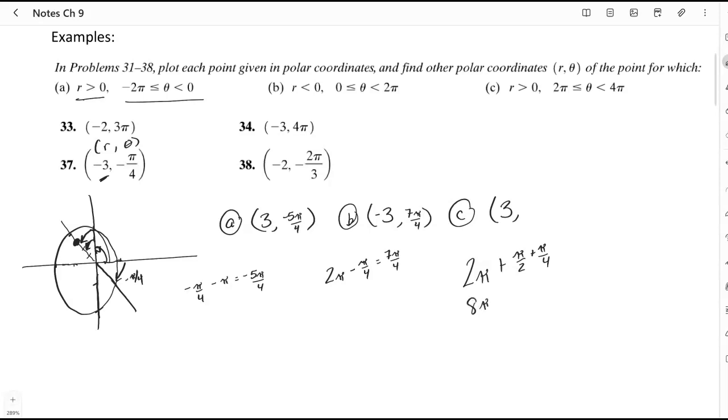Well, let's turn everything into pi over 4. So 8 pi over 4 plus 2 pi over 4 plus pi over 4 would be 11 pi over 4. So there's our angle, 11 pi over 4.